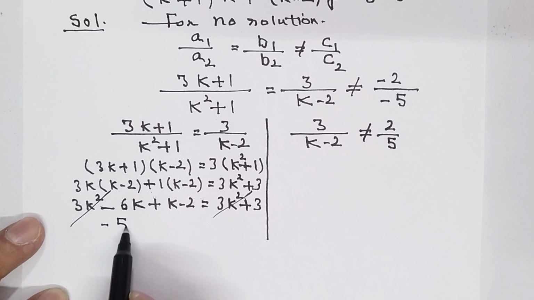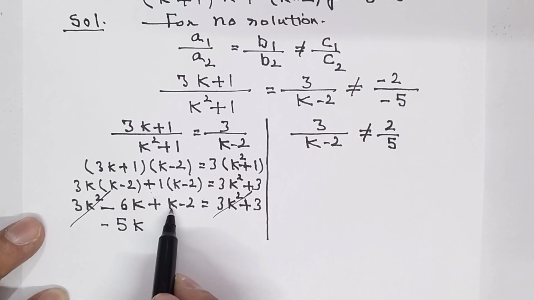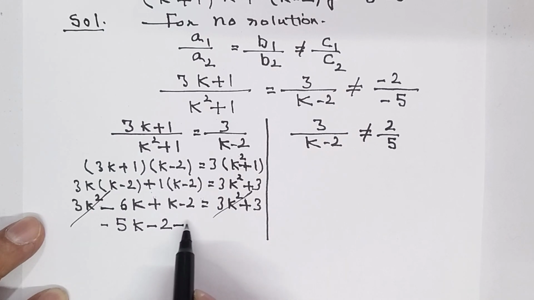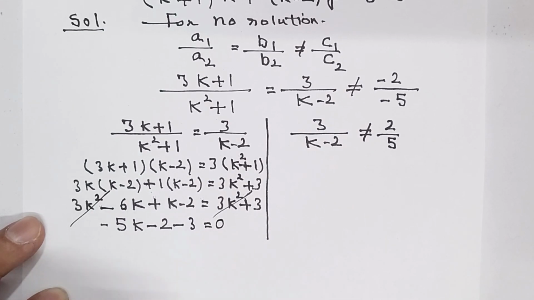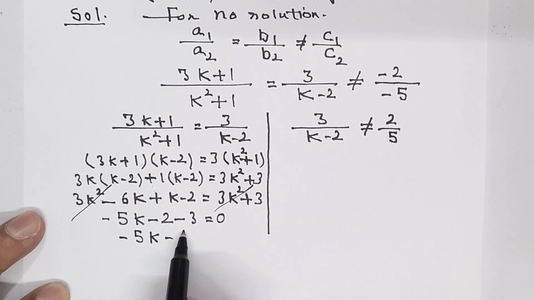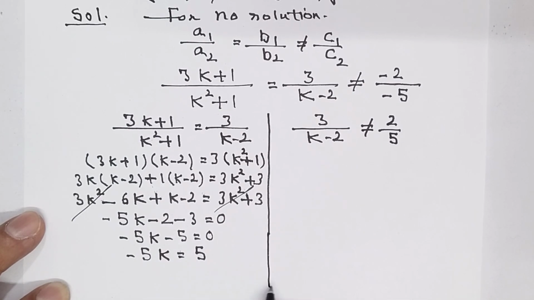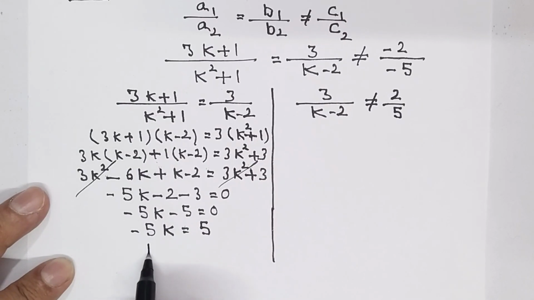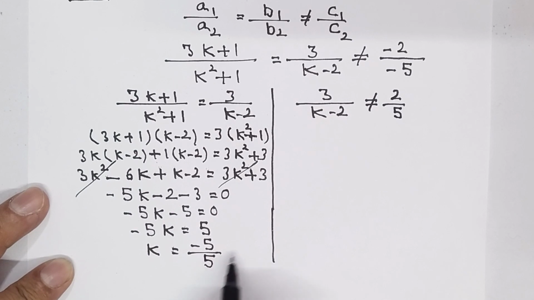This is minus 5k, since minus 6k plus k is minus 5k. Minus 2 plus 3 comes to the left side, minus 3 is equal to 0. So minus 5k minus 5 is equal to 0. So minus 5k will be equal to minus 5 shifted to the right, it becomes plus 5. So k is equal to minus 5 over 5, that is equal to minus 1.